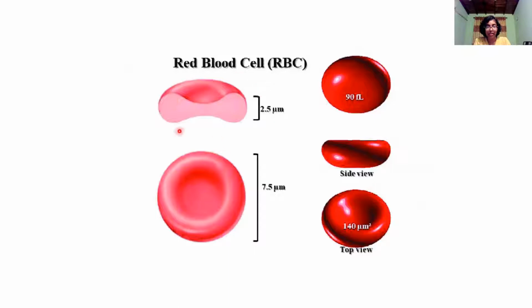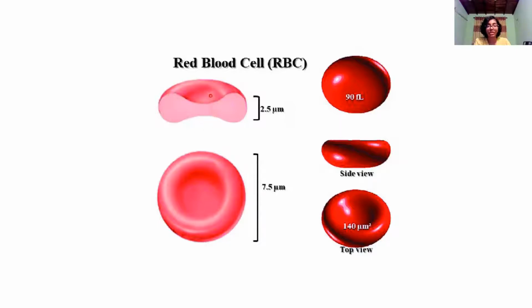When you look at the outer appearance, you can see the biconcavity. This side is concave and this side is also concave. So it's a biconcave disc with a thickened outer rim, and here you can see the central pallor, which is flat, where the thickness is reduced.